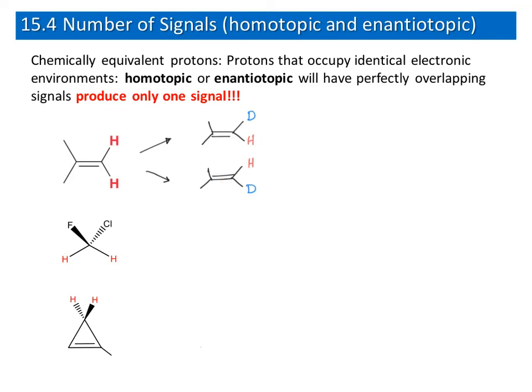First of all, by replacement, I didn't generate a chiral center, so they cannot be enantiotopic or diastereotopic. And of course, when they are not enantiotopic or diastereotopic, they are homotopic. However, there is a rotation axis right here that can convert these two molecules to one another. So these two protons are homotopic.